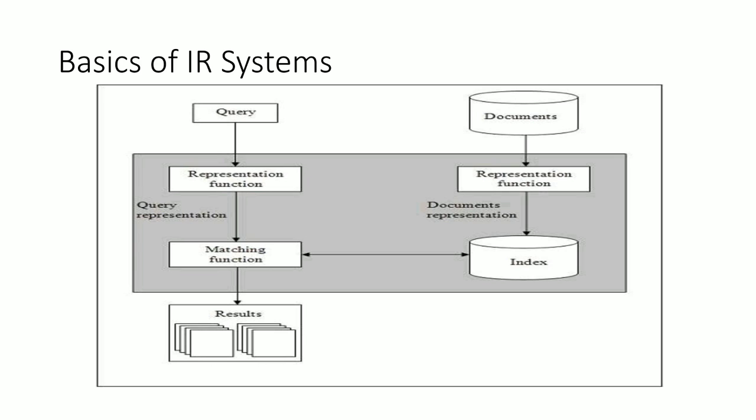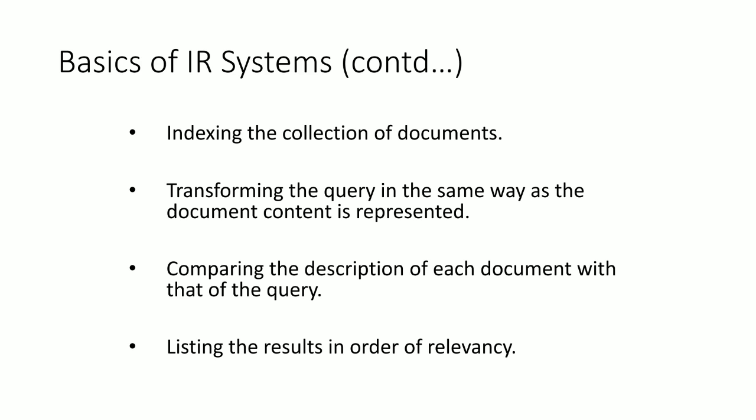The matching function will check it and give the results. So there are basically four steps: indexing the collection of documents in the IR system, then transforming the query in the same way as the document content is represented, comparing the description of each document with that of the query, and finally listing the results in order of relevancy.